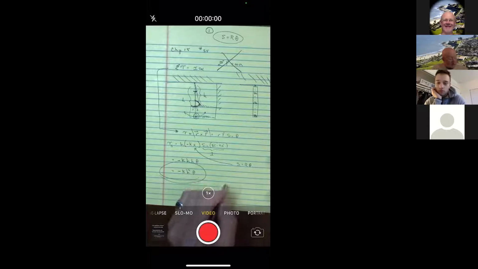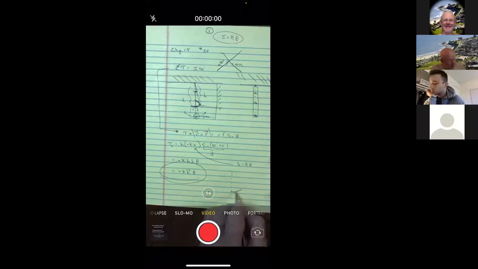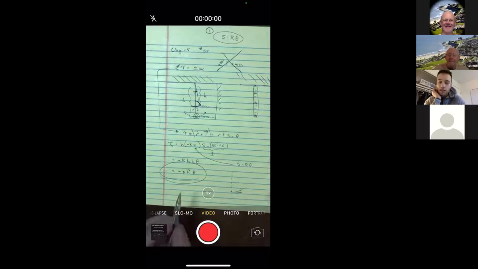Yeah, so if I were to draw a vertical line and take the arc, it would look like this, while the spring would probably compress along a linear line. So it's because the angle is small that we can say that X is the arc length. Yes, basically. So that's where it's important that we're talking about small angles.